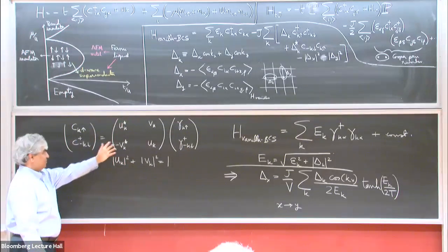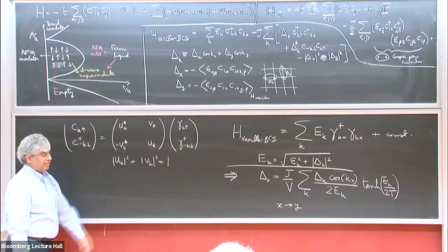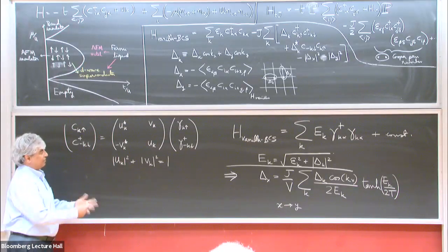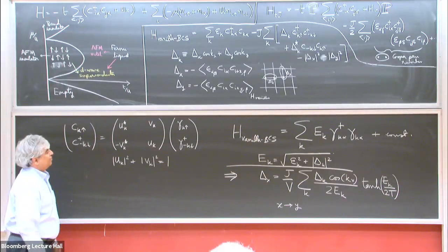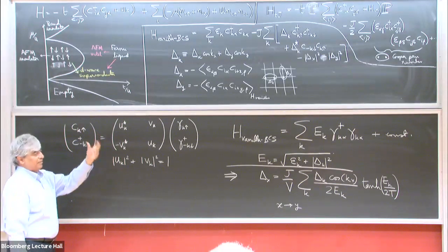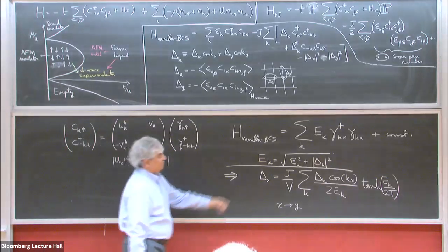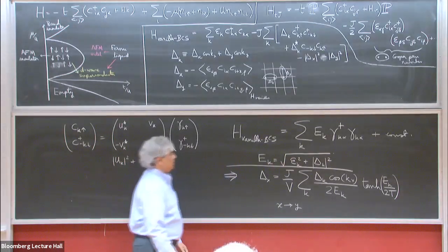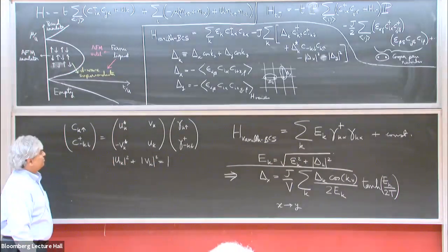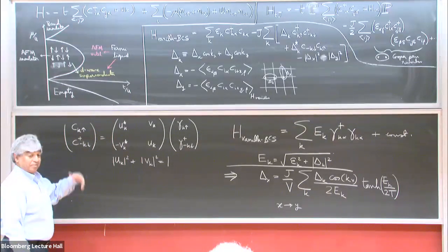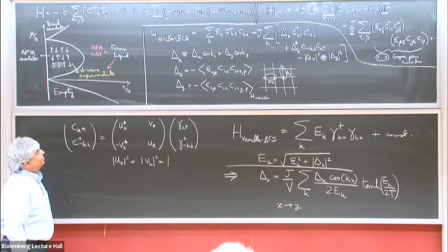So you can regard this as a postulate, but then you can ask, what is the spin carried by a single gamma dagger excitation above this ground state, and that will turn out to be spin a half, although that requires a little more computation to figure it out.